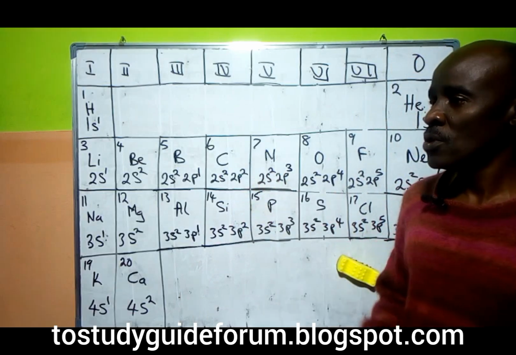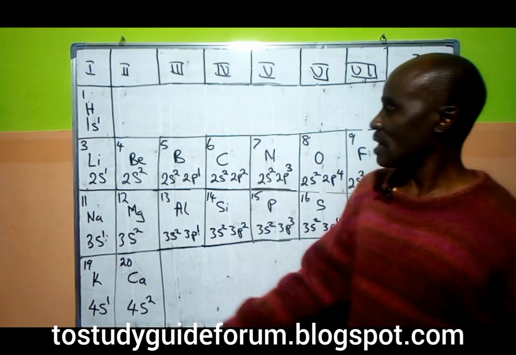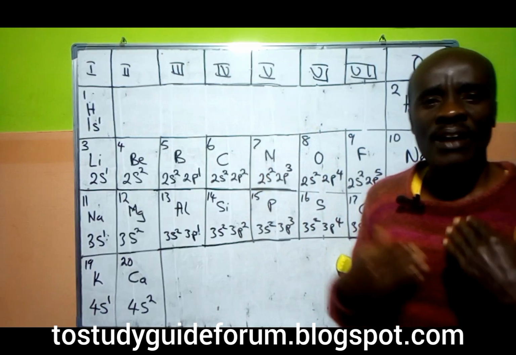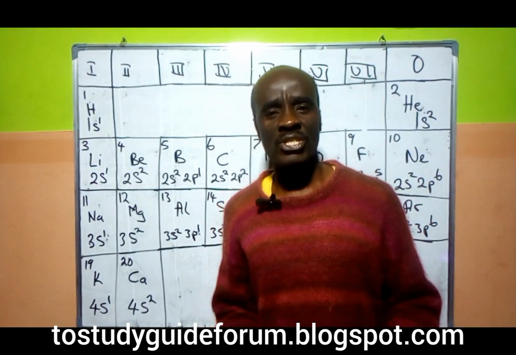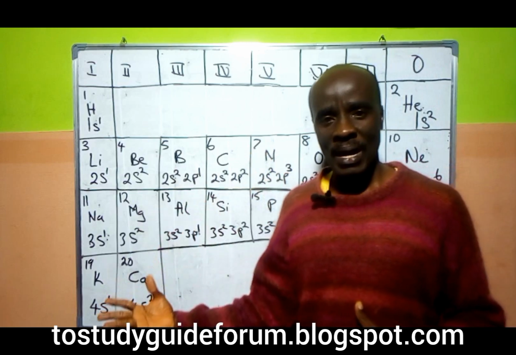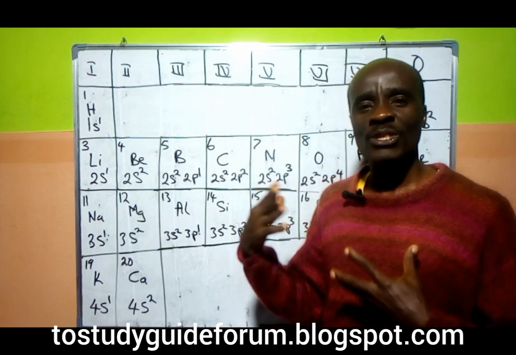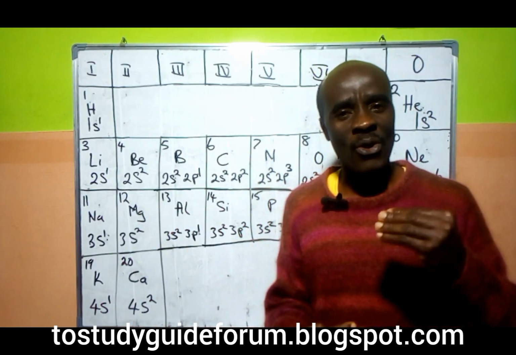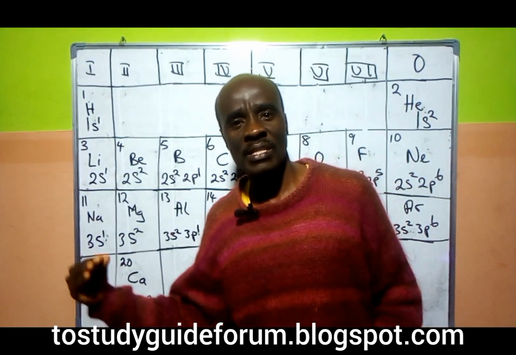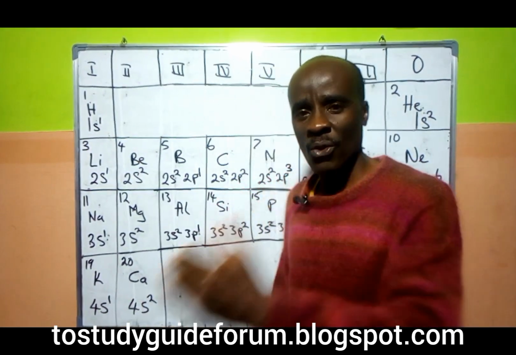Based on that, they found out that if all the elements are arranged in their increasing atomic number, there is always a reoccurrence of physical and chemical properties of each of these elements.